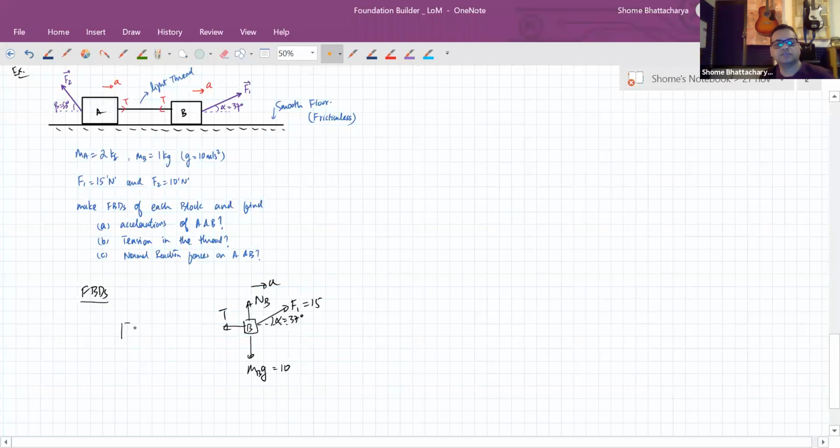Whereas A's free body diagram will have tension acting like this, some force F2, which is 10 newtons, acting like this at an angle of beta equal to 53 degrees, normal reaction acting upwards, weight acting downwards, and horizontal acceleration A.